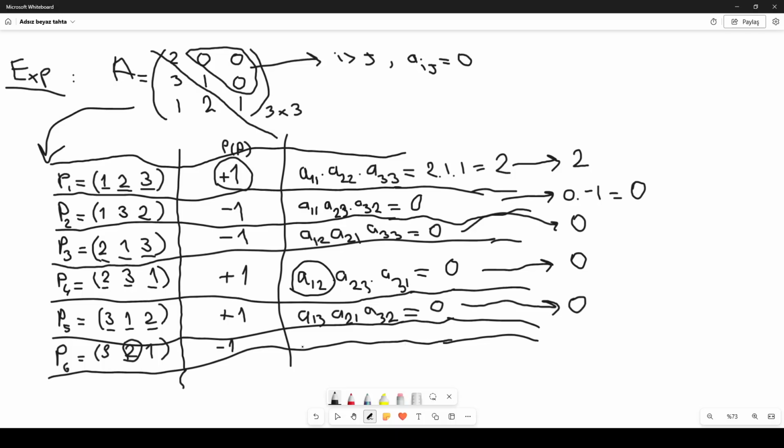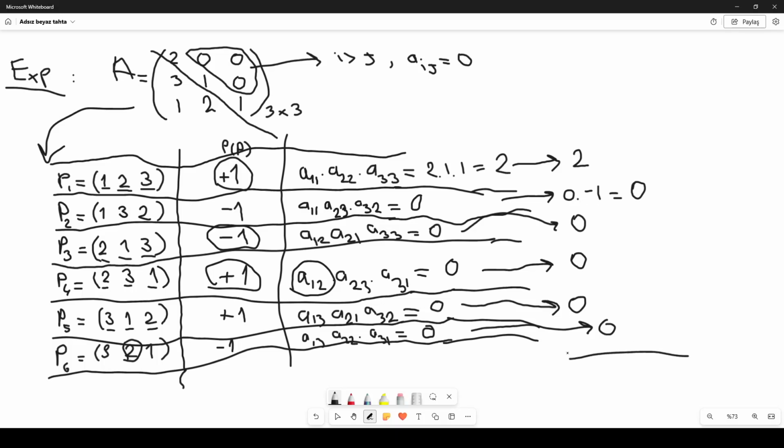How about the last one? Put the formula here. We have A13, A22, and A31. Again, the A13 component is equal to 0, and this is also 0. Multiplying the zeros by their signs wouldn't change the result, because 0 times a sign is again 0.